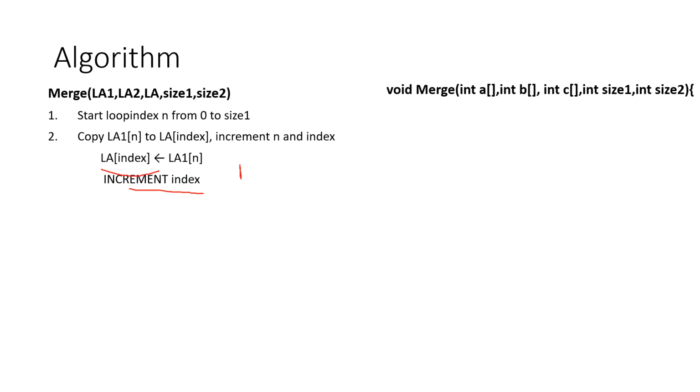Okay, I will take a small example here. These are my three elements in the first array and two elements in the second array. I must have five places here. The first element of the first array is copied to the first index. Then I have to increase to 1. In the second place, I have to copy the second element.